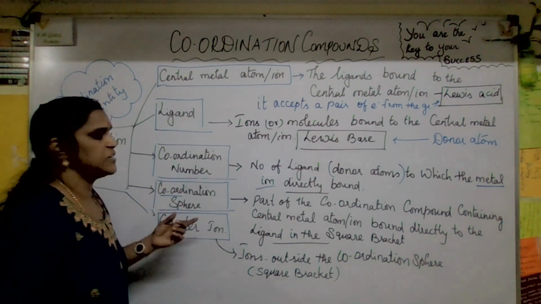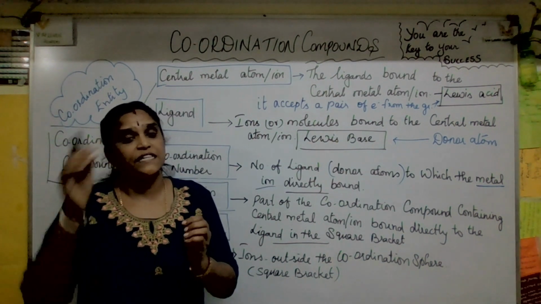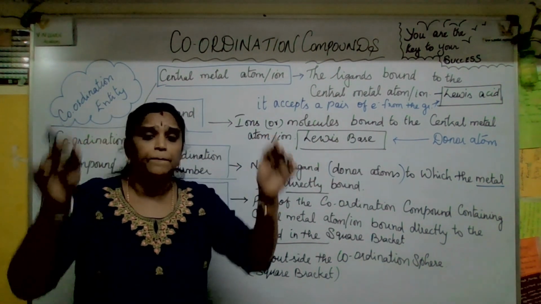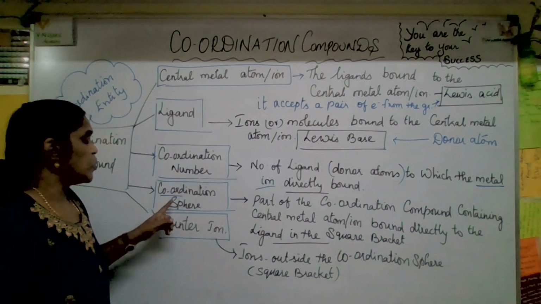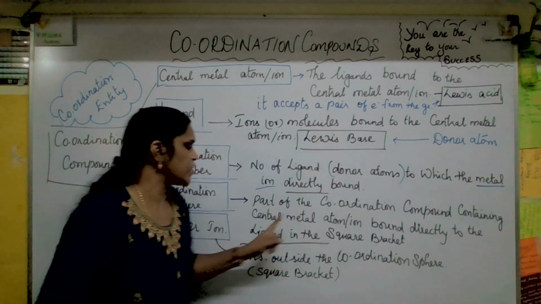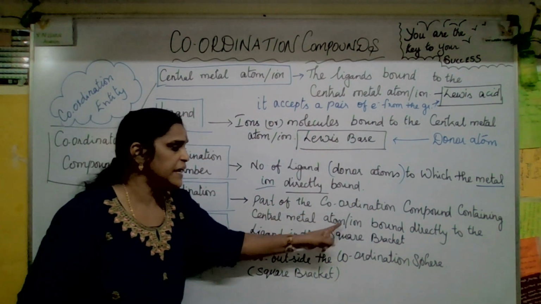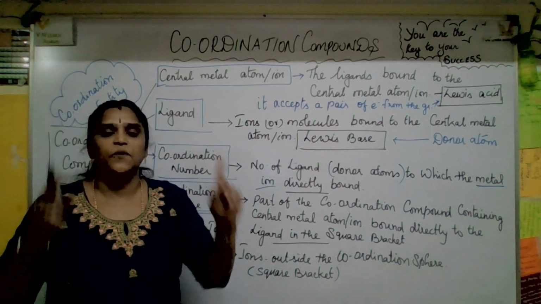Next one, coordination sphere. What do we mean by coordination sphere? The central metal ion and the ligands bound to it, combined together in a square bracket, is called the coordination sphere. It is the part of the coordination compound containing the central metal atom or ion bound directly to the ligands, in the square bracket.